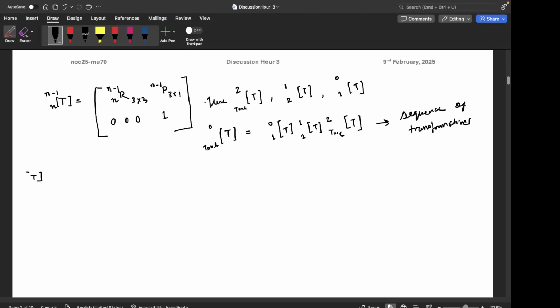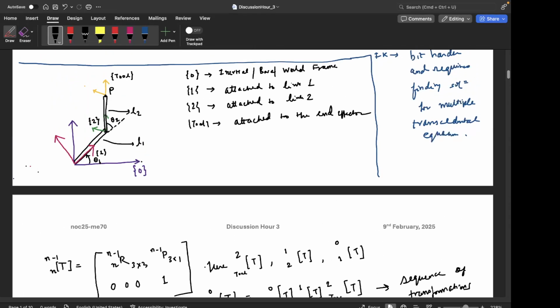So the first transformation matrix we'll write is from 1 to 0. Now a bit more on the notations.